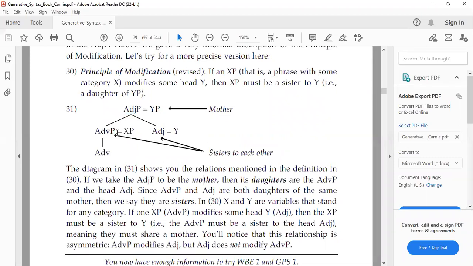And we said that AdvP and Adj are sisters. They have the same mother. AdjP is the mother of AdvP. AdjP is the grandmother of Adv. Adv is the granddaughter of AdjP. And Adj is the aunt of Adv.